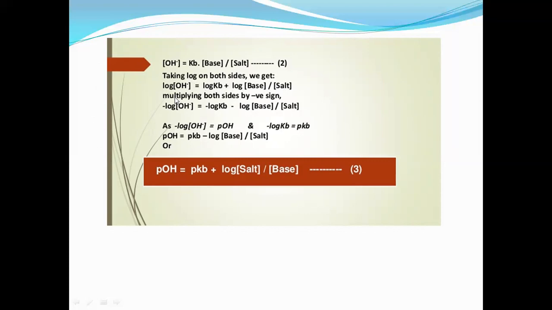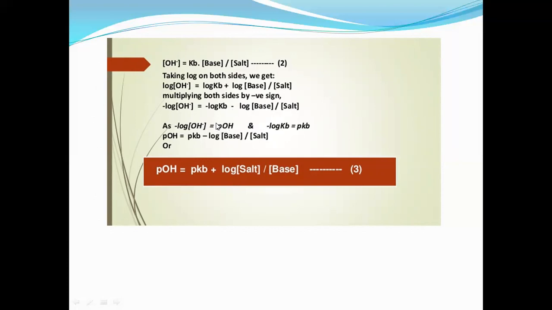Again, we multiply both sides by a negative sign. This is the logarithm, you might know it well. Minus log OH is equal to minus log KB minus log base over salt. Further simplifying: as we studied earlier, minus log H is equal to pH.